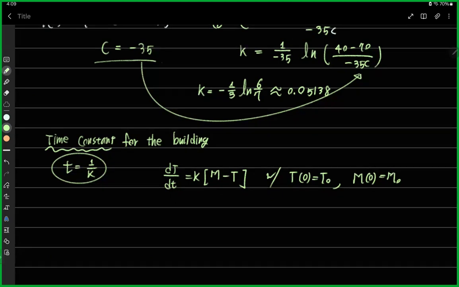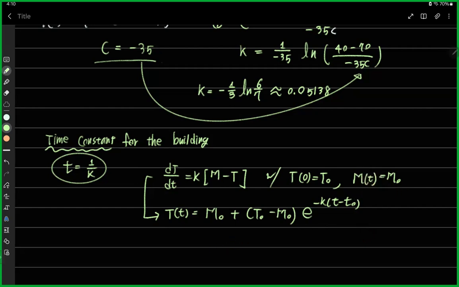Then when you solve it, it turns out that T of t is equal to M0 plus (T0 minus M0) times e to the negative k times (t minus t0). Using the method of integrating factor or separable, either one, you end up with that. In this case, the outside temperature is set to a constant M0.